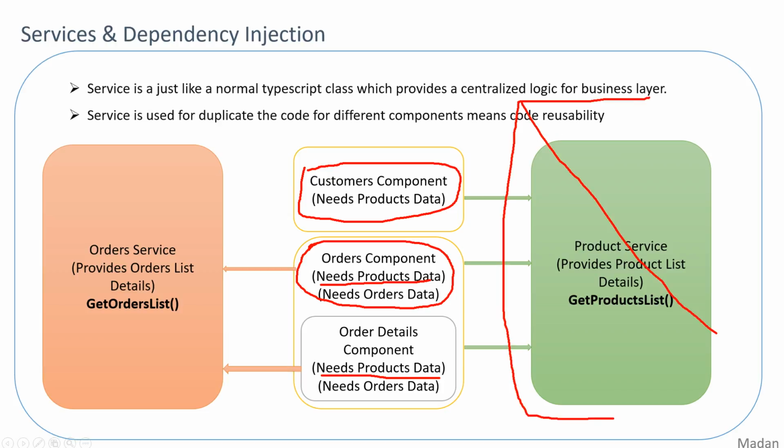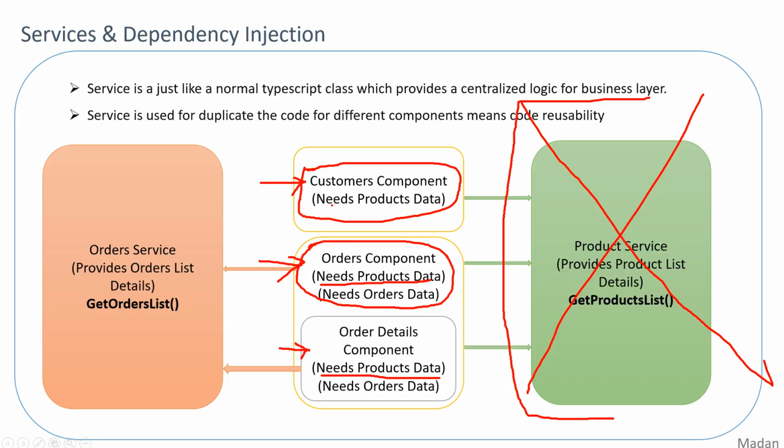How are you going to get the products list? Each component needs to show the products list, so each one has to fetch it.